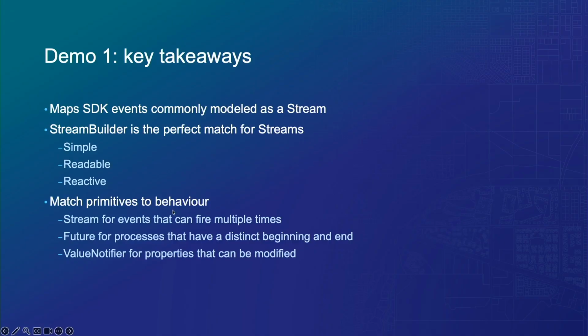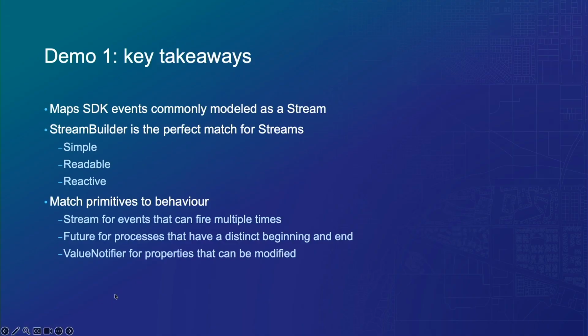And then there are several of these primitives with corresponding widgets, and you choose the one that models the desired behavior. A stream is for events that can fire multiple times. A future is for tasks that have a distinct beginning and end. A similar concept is the ValueNotifier, which is for properties that can be modified and fire a signal to multiple receivers.